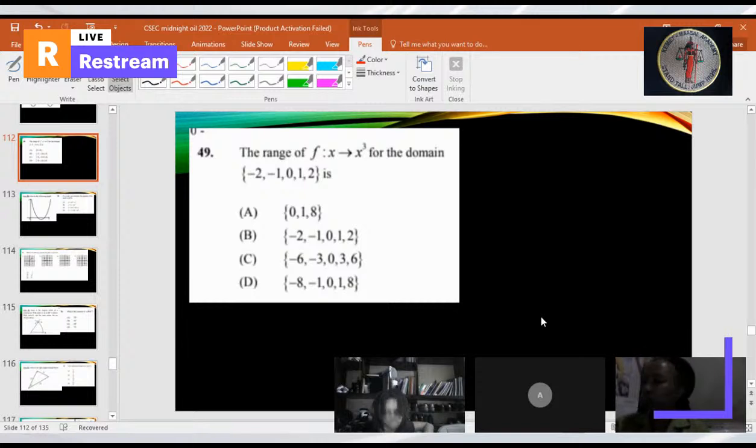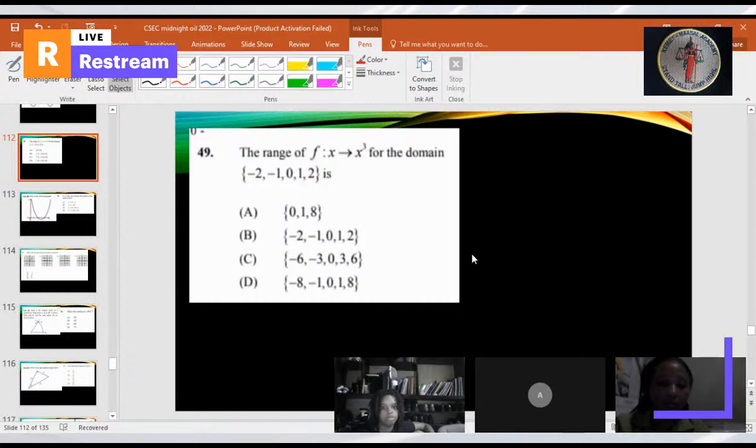49, Imani. Okay, miss. The range of the function f of x, x maps onto x cubed for the domain -2, -1, 0, 1, 2 is.